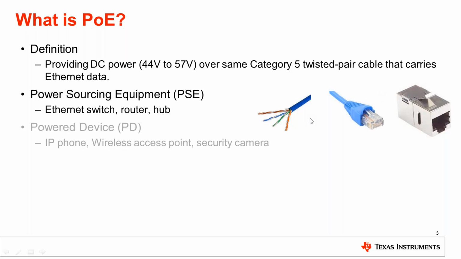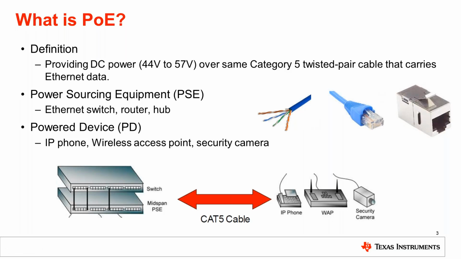In terms of some high-level terminology, you'll hear me reference PSE and PD several times throughout this presentation, so I think it's important to define them. On the sourcing side of the cable are typically Ethernet switches that provide power over Ethernet. Inside this end equipment are PSE, or power sourcing equipment, controllers.